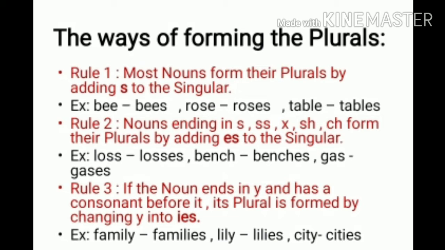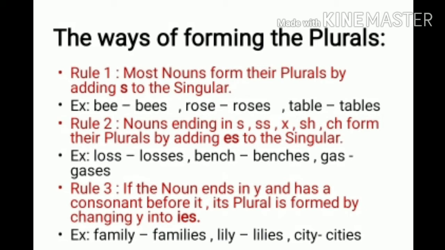The first rule. Most nouns form their plurals by adding S to the singular. So in a simple way, whenever we make a singular into a plural, we normally add an S, that we all know, so it becomes the plural. So which are those examples? Bee.